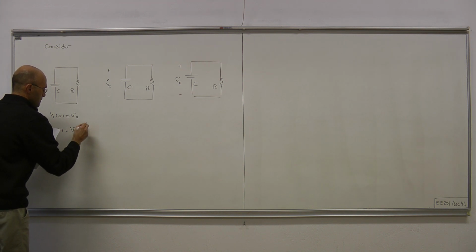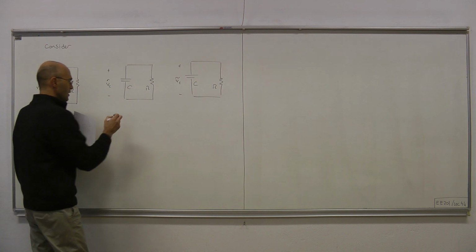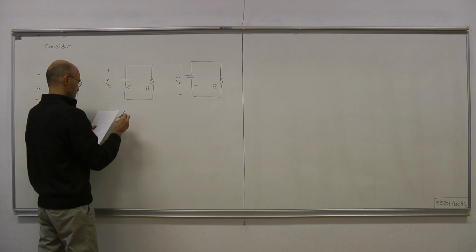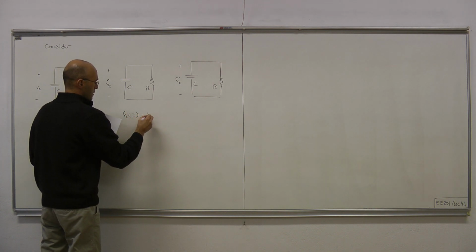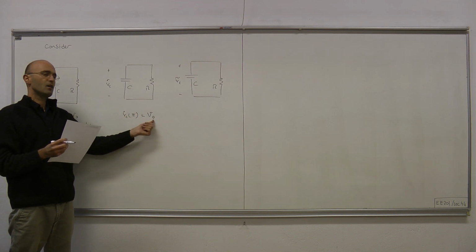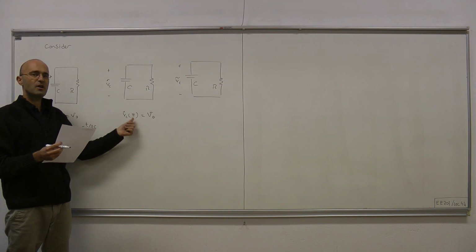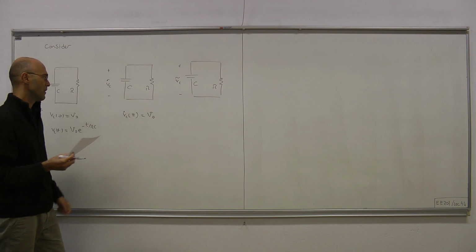V0 e to the minus t over the time constant. VC hat. Now this experiment is such that we use the same initial condition as the first experiment, but we start the experiment at a later time.